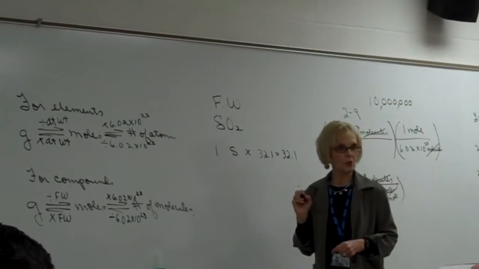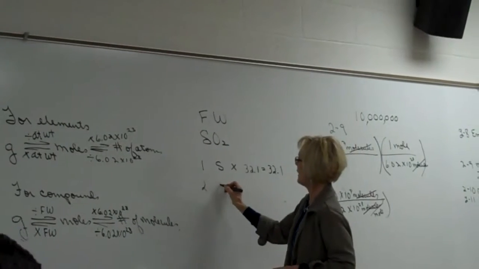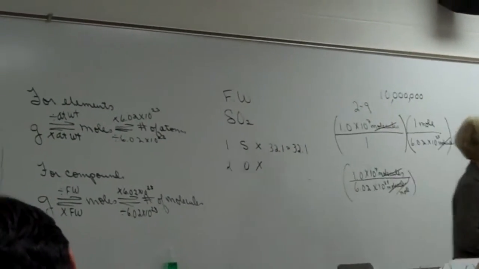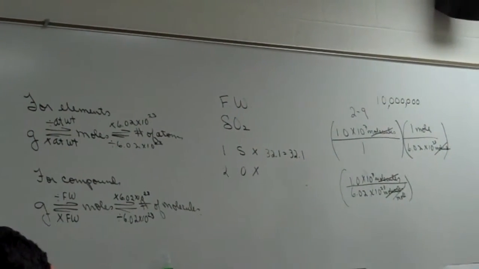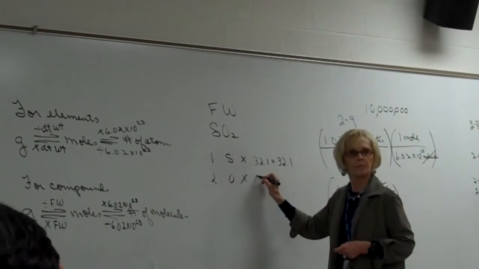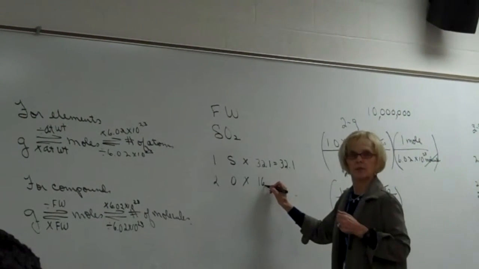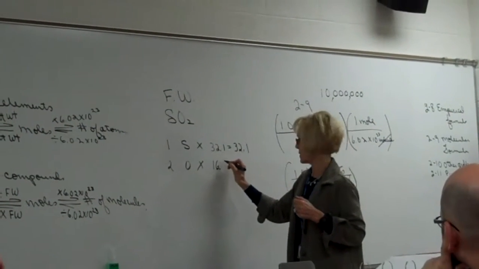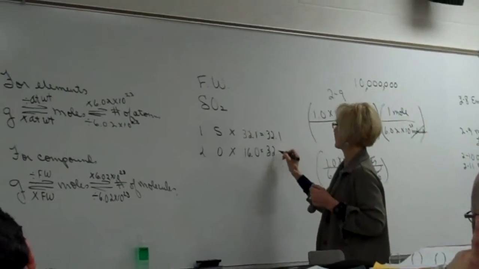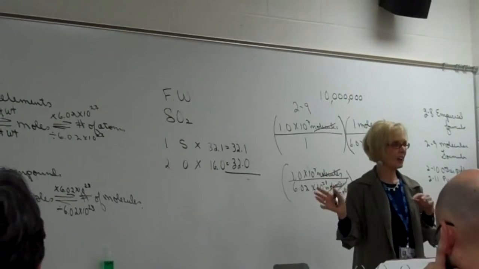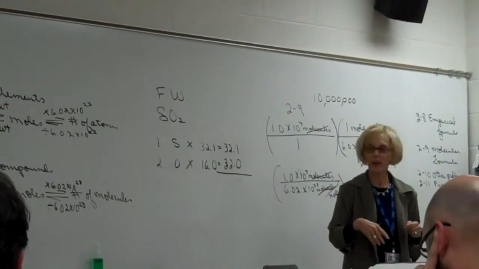So sulfur makes the contribution of 32.1. I have 2 oxygens, and each oxygen makes a contribution of what, Clint? 16.0. Okay, one that tiny, you probably could have just kept it running in there.